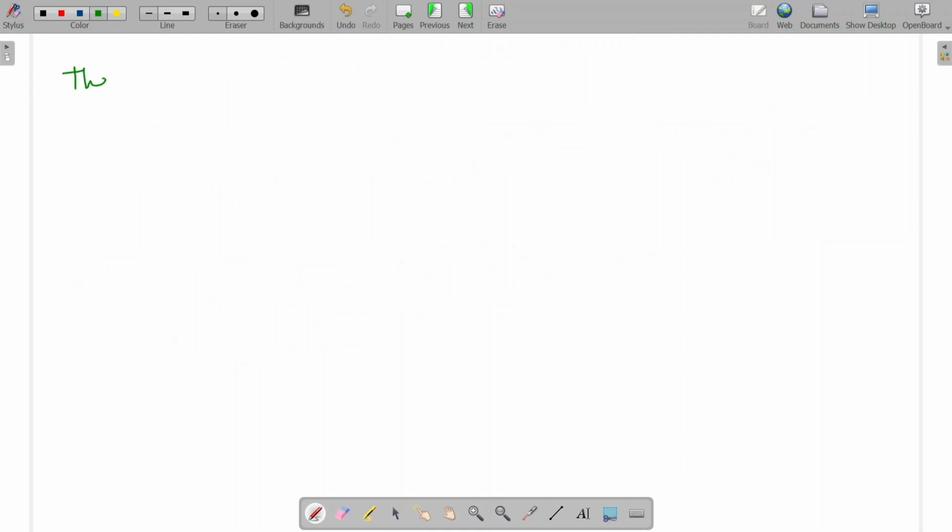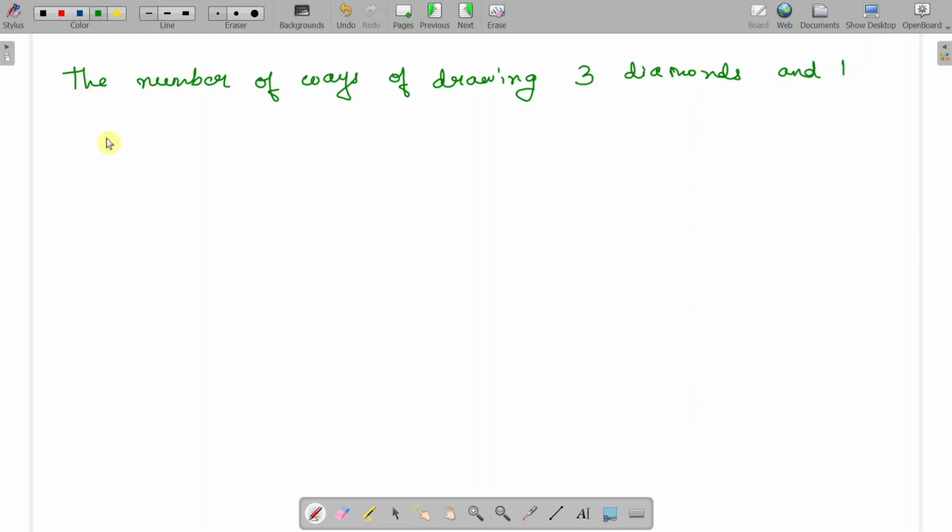So the number of ways of drawing 3 diamonds and 1 spade is equal to what?